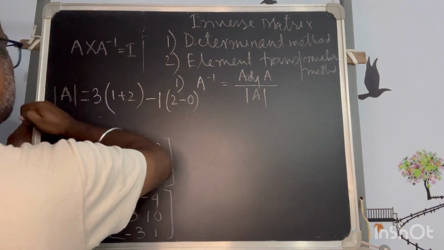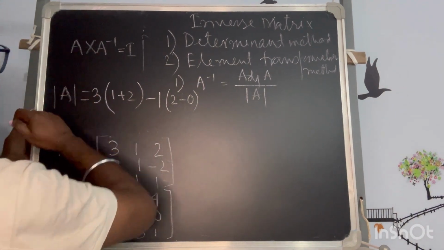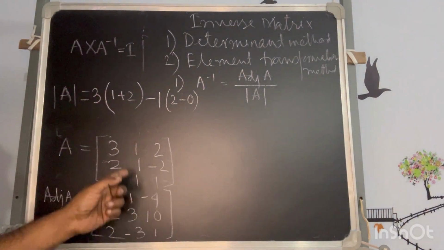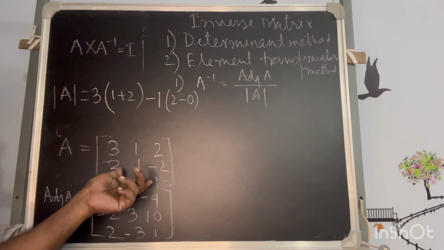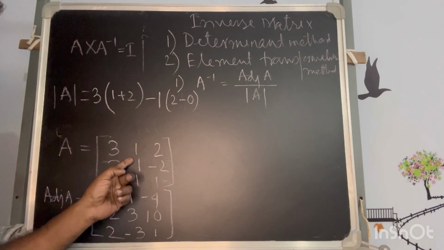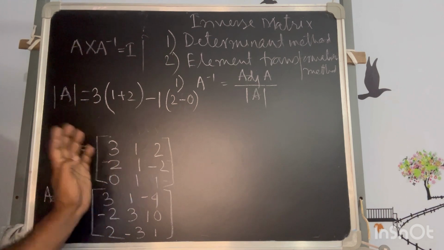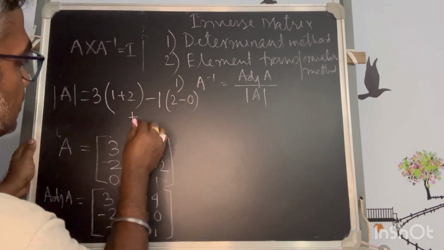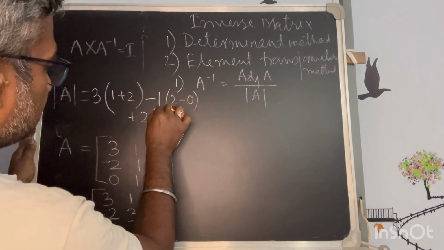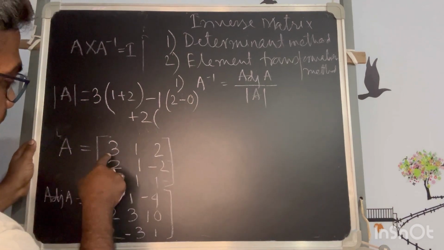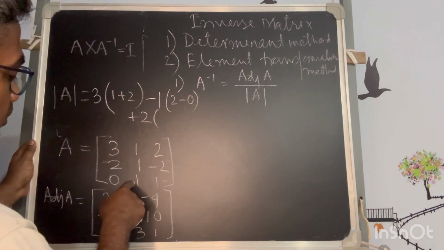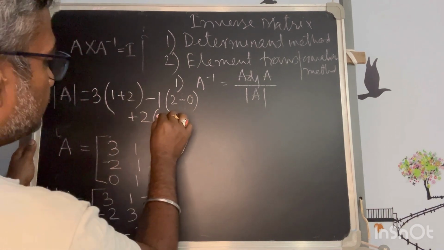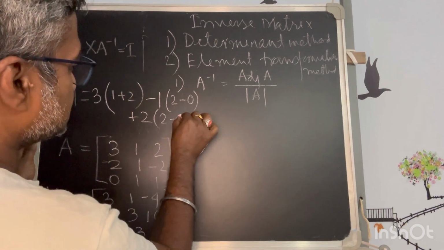Okay, so you can understand this, but the formula is that you deduct the multiplied elements: the cross elements minus the cross elements. So the third term is again plus an element into its minor, that means 2 into 1 minus 0, so that will be 2 minus 0, you can say.